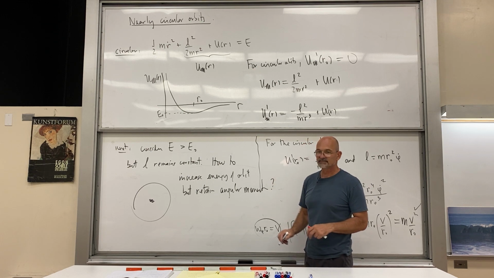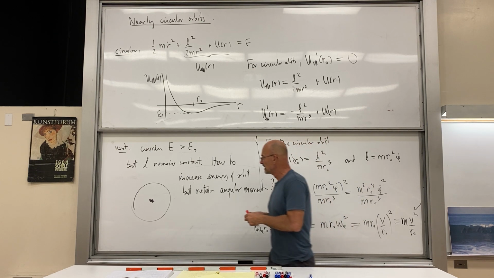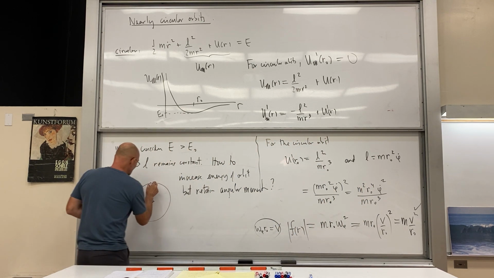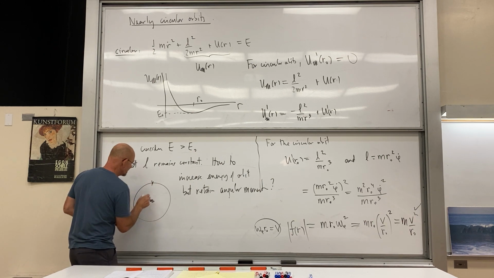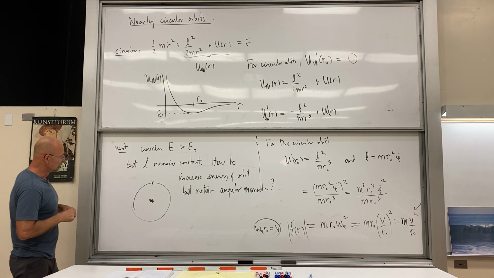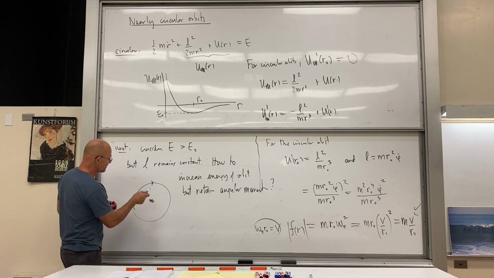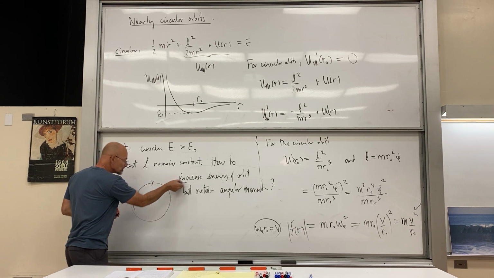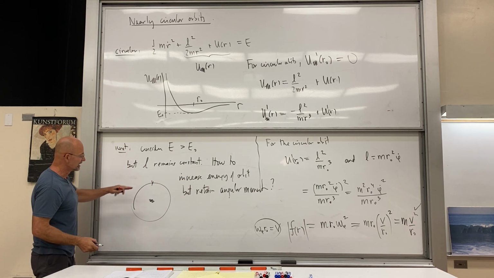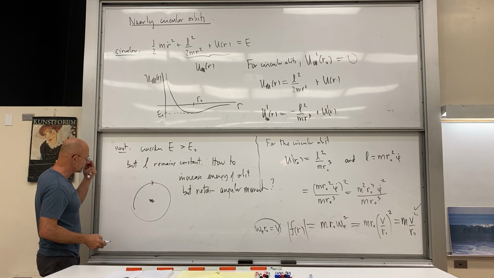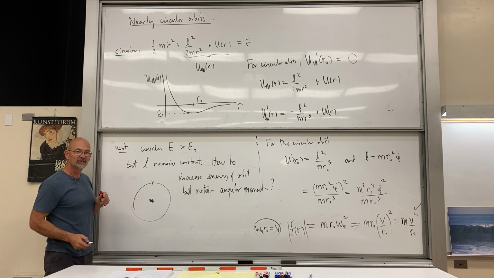How to do that? Well, we're in our satellite here, we're orbiting, and we could do two things. We could fire rockets tangential to the orbit, tangent to the orbit. That, of course, will increase the angular momentum.